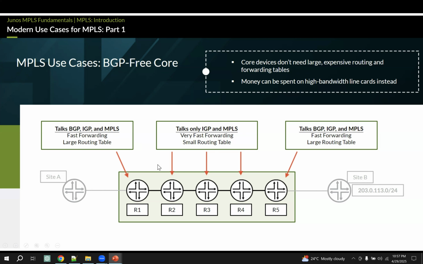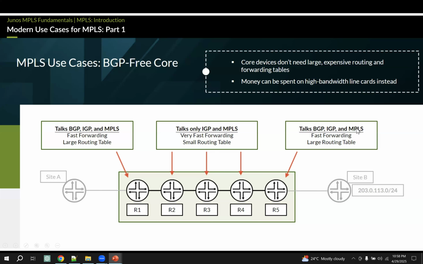You just avoid BGP, no need for BGP. Only configure IGP and MPLS, and your routing table and forwarding performance will be improved.